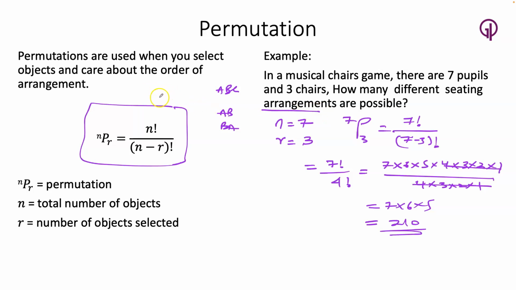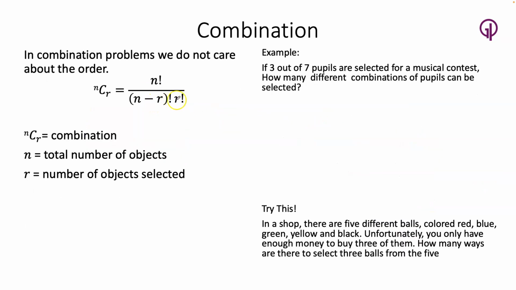Now let us move on and take a look at what we have here, which is combination. Now, as we have already seen, permutations are used when you select objects and care about their order, like the order of pupils on the chair, and the stuff that we've already seen.